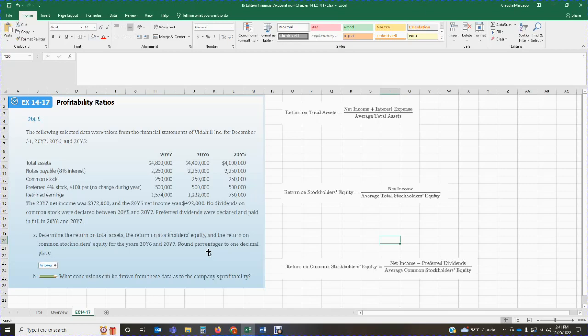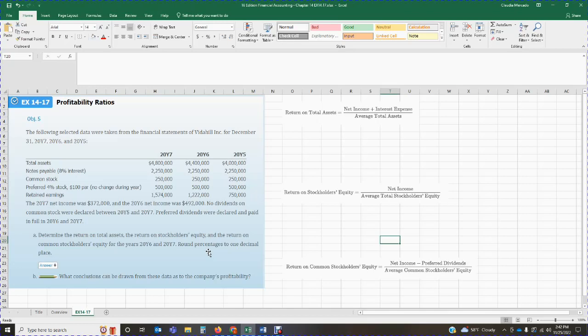Okay, the ratios are useful when they are analyzed by comparing them to similar companies in similar industries or to previous periods. So if you want to measure your own company, you're going to look maybe month over month, year over year, to see how these ratios fluctuate based on the different values on the financial statements for those specific periods.